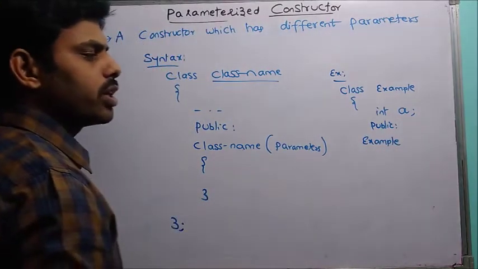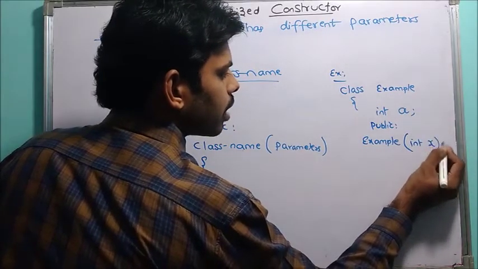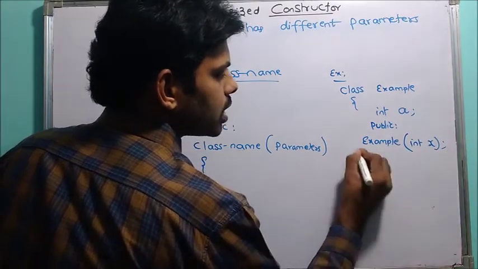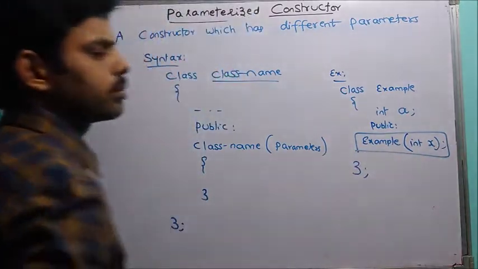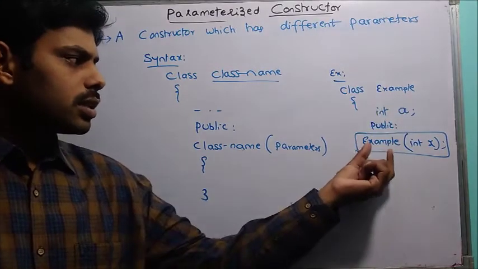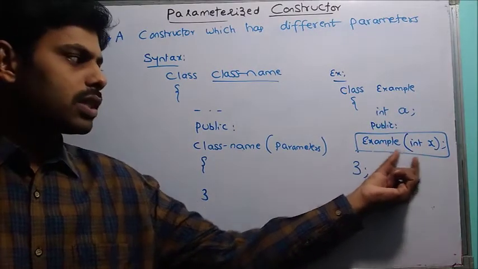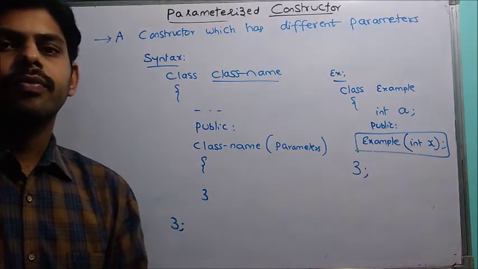So the constructor function name is the same as the class name, with one parameter. So this is the example. The class name is example here. The constructor function name is also the same, example, with one parameter. So this is the concept, constructor with one parameter.